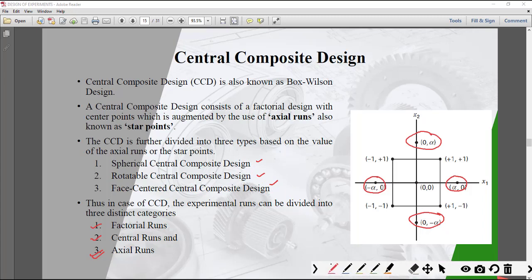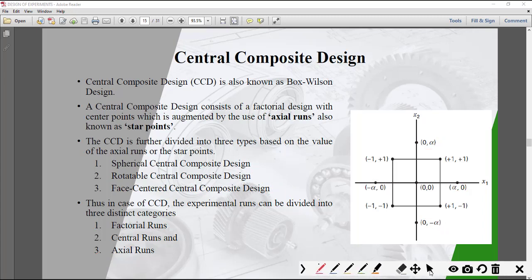Okay, so let us see how we get the values of these axial points. These points are also known as axial points, or more commonly they are known as star points.